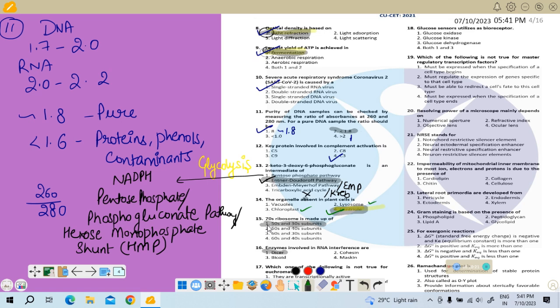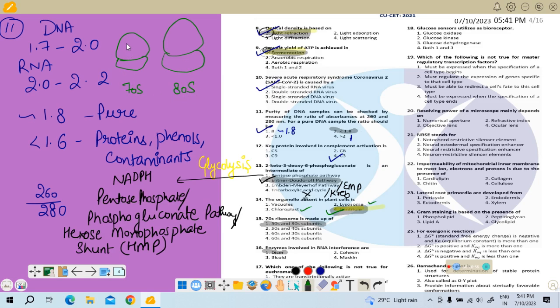Now coming to 15, 70S ribosome is made up of 50 and 30S subunits, 50 and 40S subunits, 60 and 30S subunits, 60 and 40S subunits. So in ribosomes, we have two types: one is 70S, other is 80S.